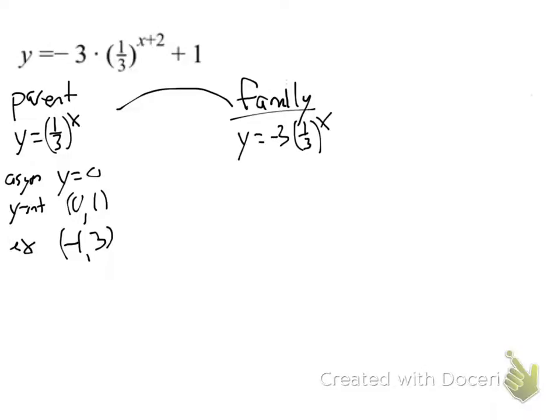We have to state two things on this bridge. Now remember, the negative, we could ignore and look at the base number there, which is what? 3. And is 3 bigger than 1? So therefore we know it's going to be what? A stretch. Okay, so remember the negative only affects opening up or down. So it's a vertical stretch of 3.